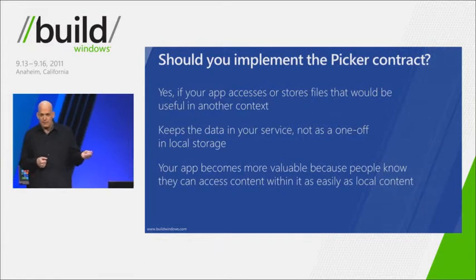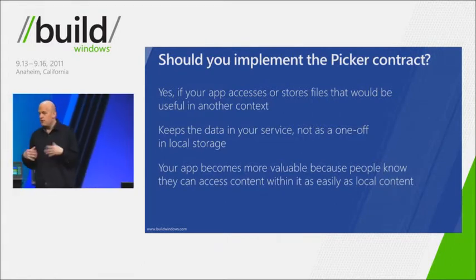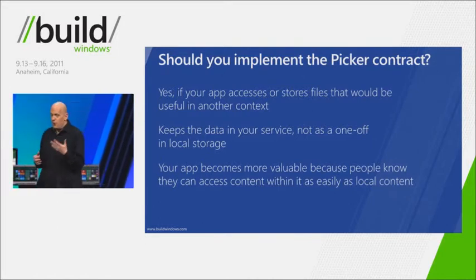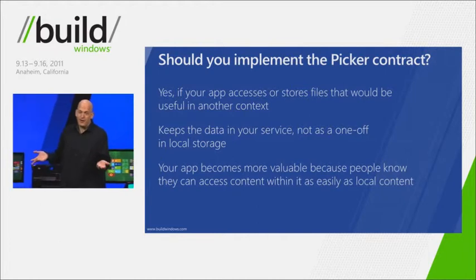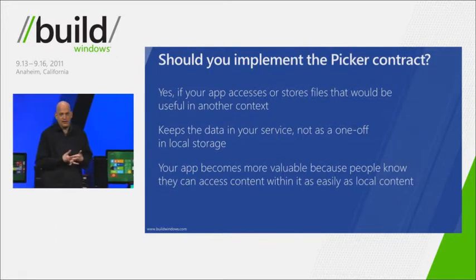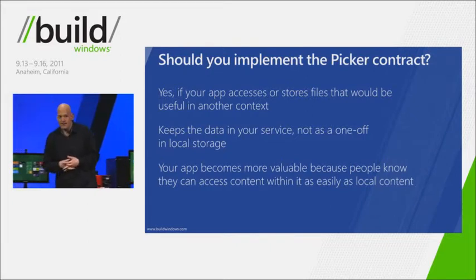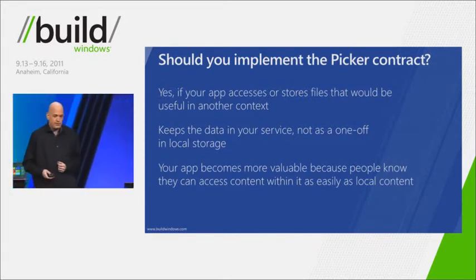Then you go into the other app, and you find a way to move it into that. And you end up with one-off versions of files sitting everywhere, because the services can't interact with one another. So we're creating this layer between the apps that allows them to work together. And that's part of what makes Windows 8 contracts really special.